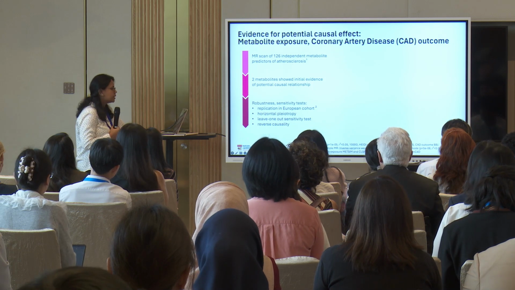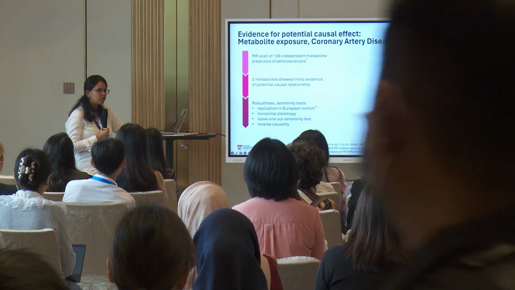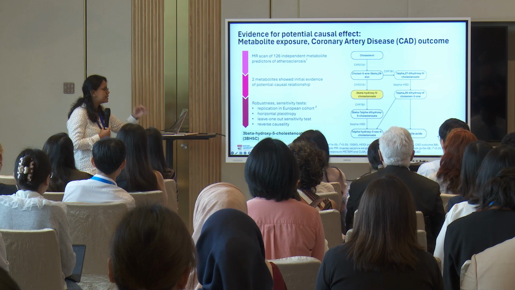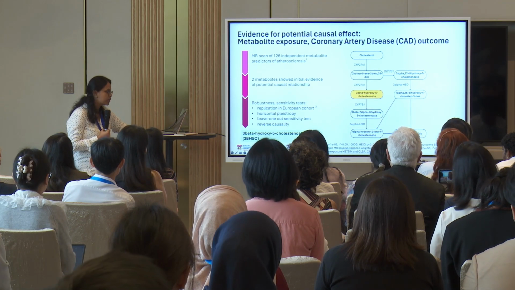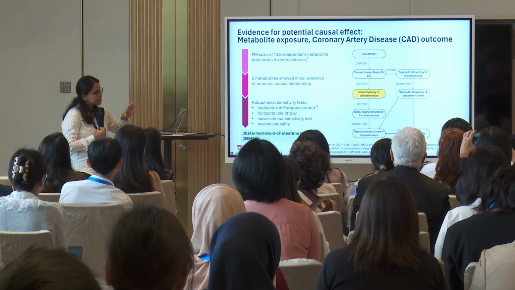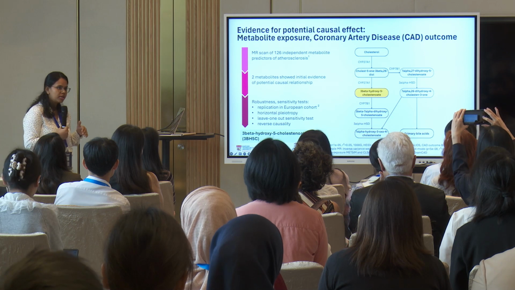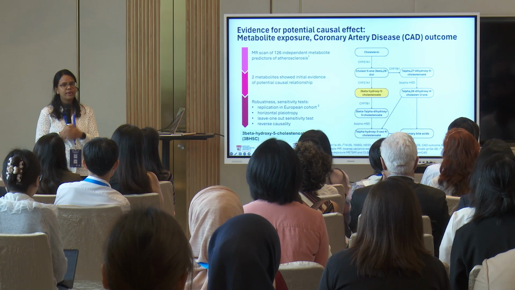We found 2 metabolites that showed initial evidence, and only one of them survived further robustness and sensitivity tests. This is a lipid metabolite called 3-beta hydroxy-5-cholestenoate. As you can see in that pathway, 3BH5C is a metabolite of cholesterol in the acidic pathway, and it leads to primary bile acid synthesis.